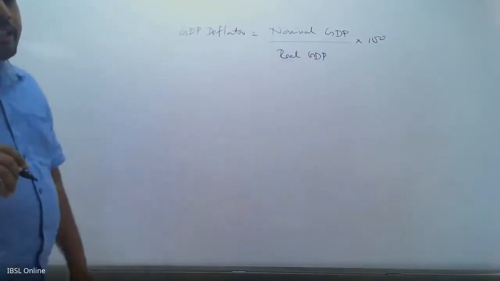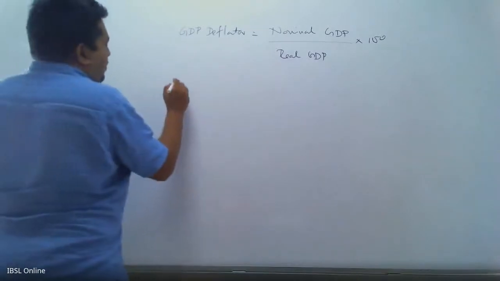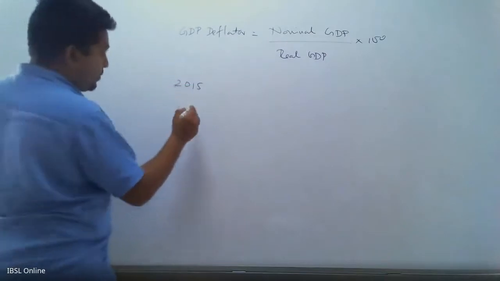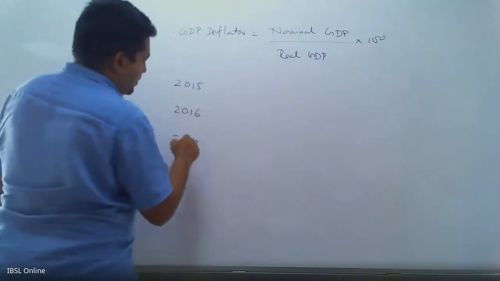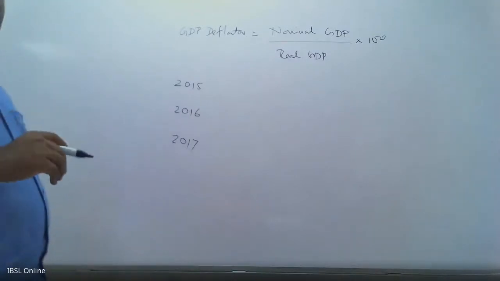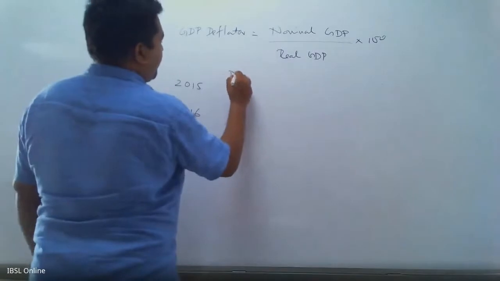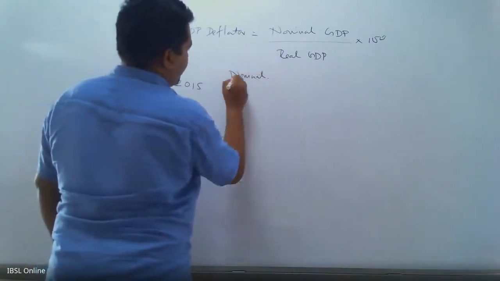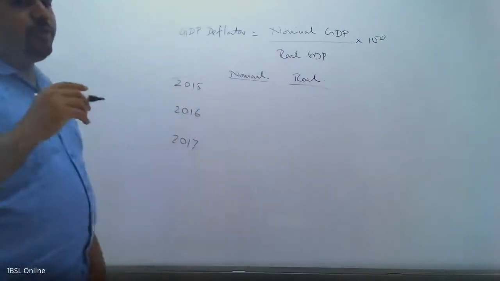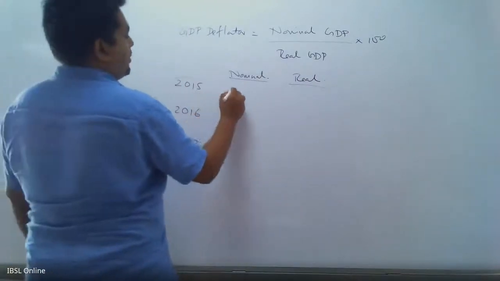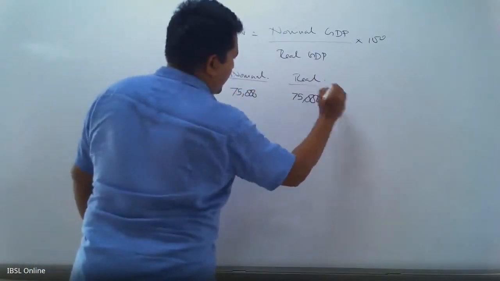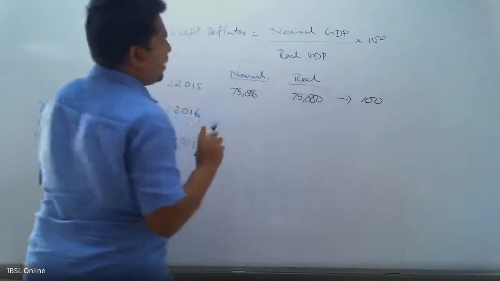Right. So let's take a couple of years, 2015, 2016, 2017. I will take a couple of nominal GDP and real GDP values. Let's say I take for 2015, 75,000 and 75,000, to be my base year of 100.